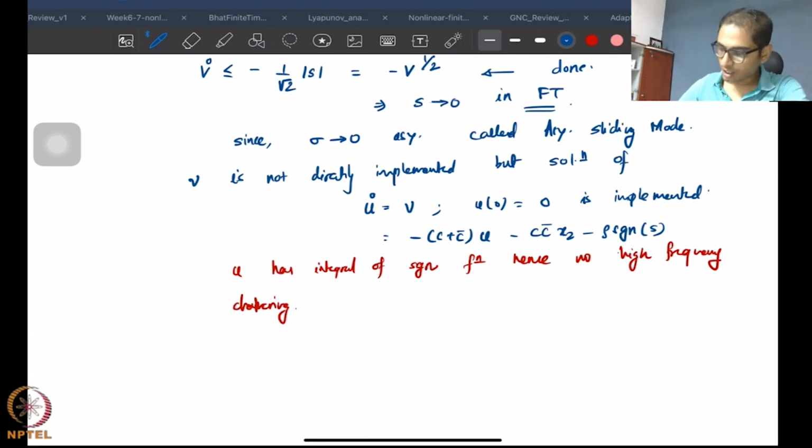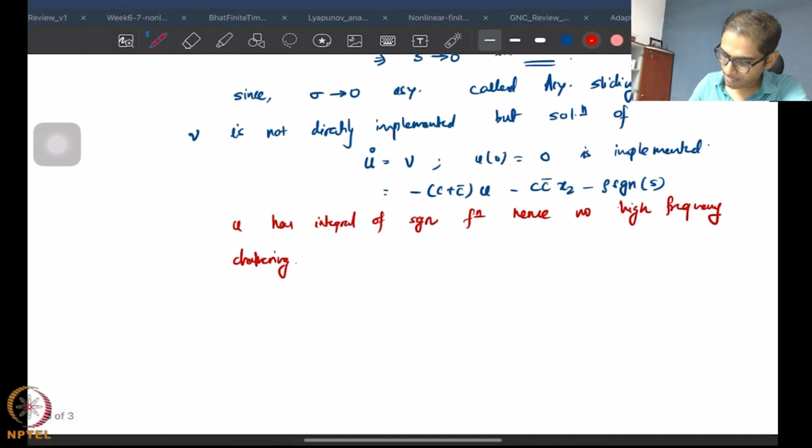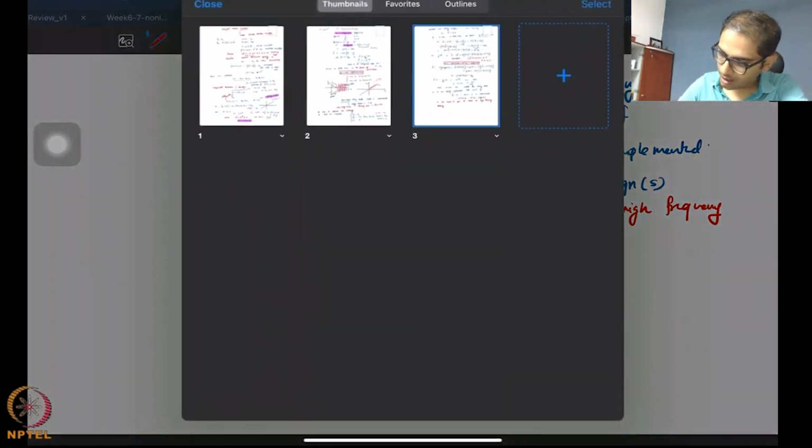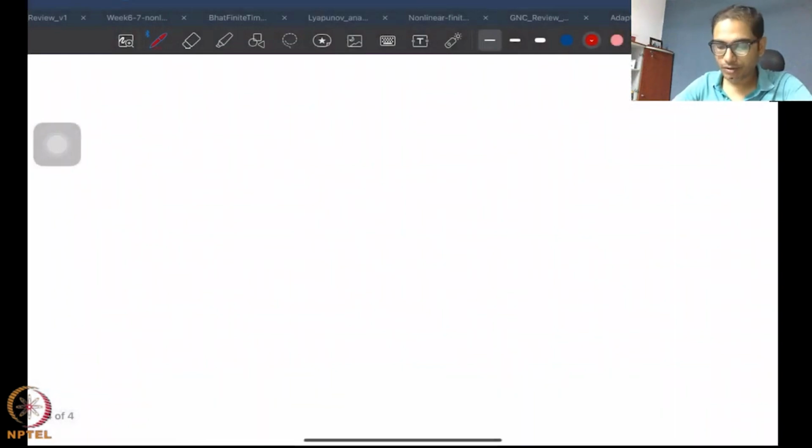Now, one of the concepts that folks are interested in, in sliding mode control, is the notion of disturbance estimation.